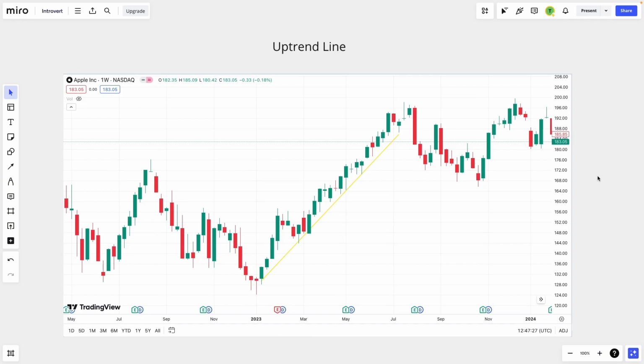Okay, so here is an example of an uptrend line, and this is on the stock Apple, and this is a candlestick chart, and we're in 2023, and we're going to look for January 2023 up into the end of the summer, and you can see here that we have a clear uptrend. So firstly, just looking at this, we can see that the general direction of this stock is up and to the right.